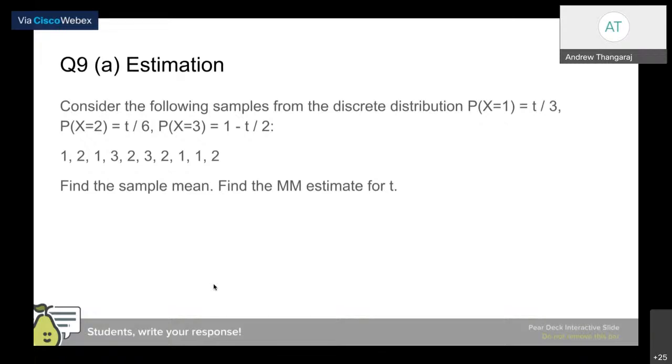But supposing you just have data. In many cases, you don't even know what the distribution is. So you have to choose a distribution, fit it, and then find its parameters.